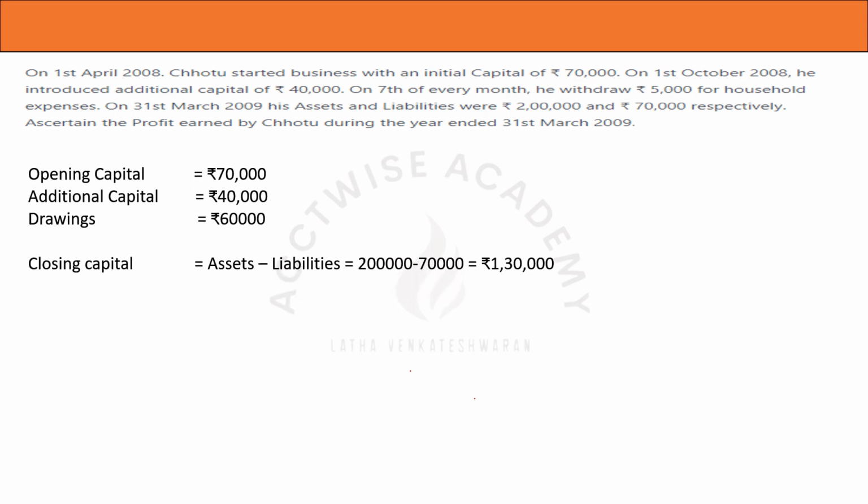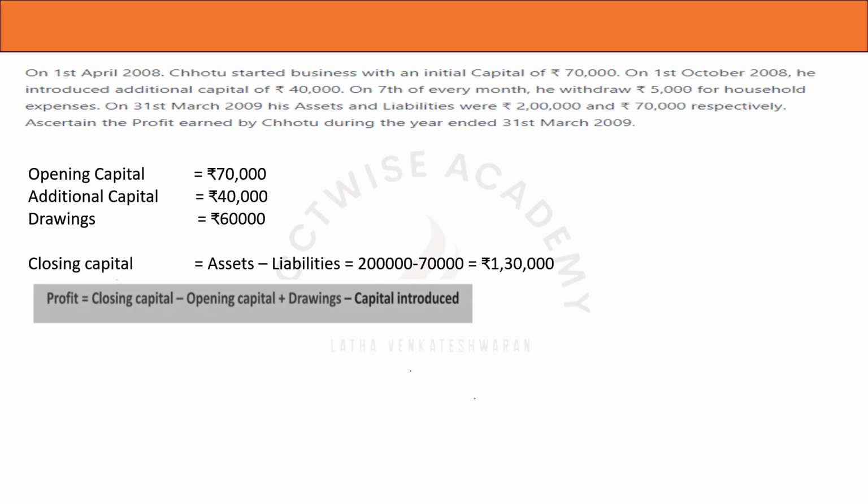The solution is, see, he started with an initial capital of how much? 70,000. So this initial capital becomes our opening capital. And on 1st October 2008, he introduced additional capital of how much? 40,000. So additional capital is 40,000.